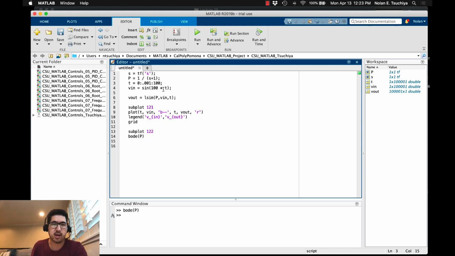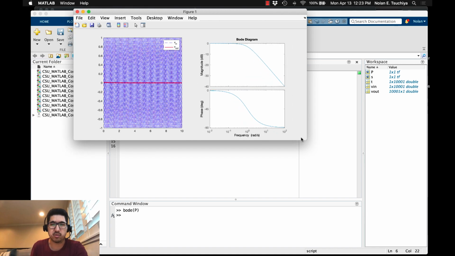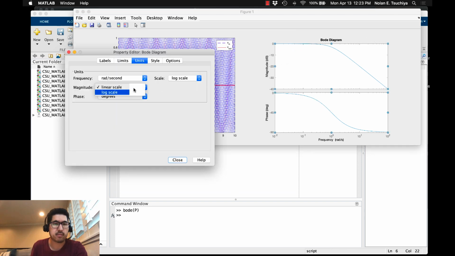Because this is such a high frequency, we're going to limit the amount of time that it has to run, because otherwise we're just going to see blocks of red and blue. So if we were to plot this, we still kind of see that, but that's okay. I'll go ahead and do a little zooming for you.